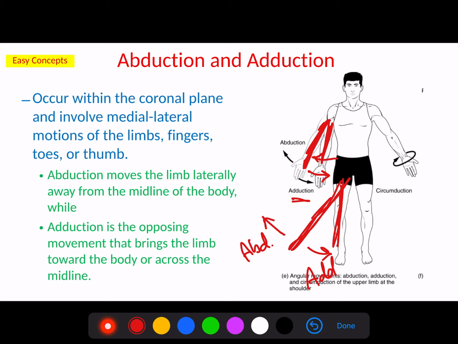Circumduction is the movement in a circular shape. The circumduction is happening here. So the entire arm is moving like this. Think if you are standing and you are trying to draw a circle with your palm. So you are moving your entire arm, and the movement is happening from the shoulder. That is the circumduction.